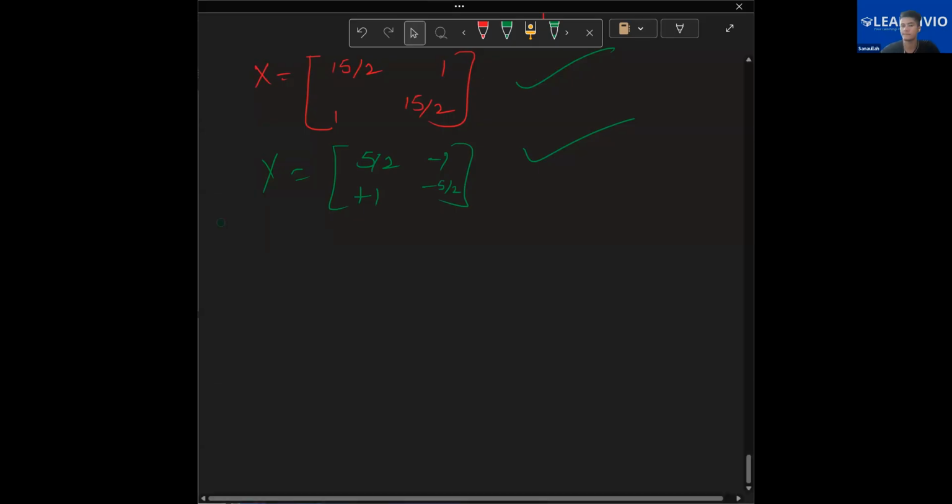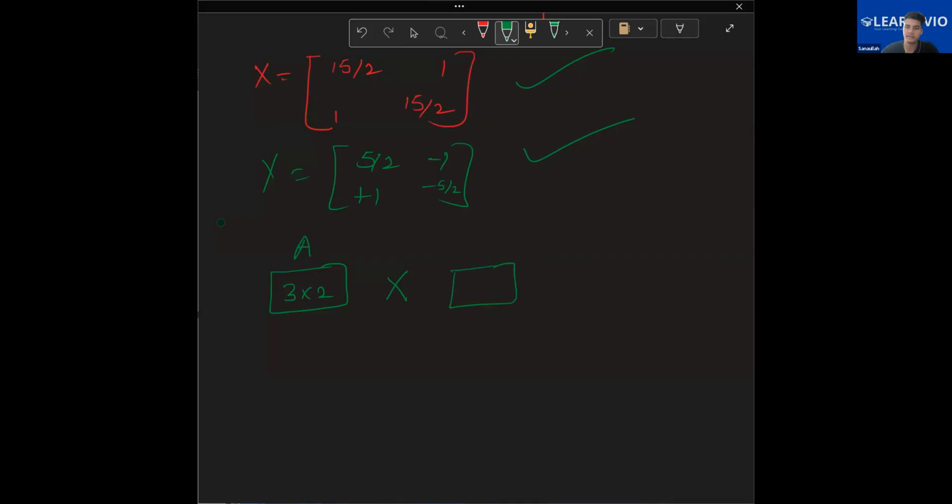Tell me, if I have a matrix A of order 3 cross 2 and I have to multiply it with matrix B, which is a 3 cross 3 matrix, is it possible to get AB?